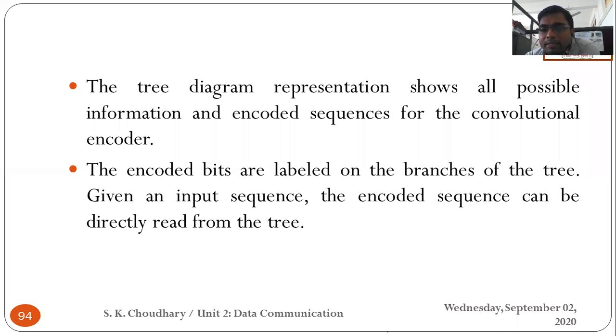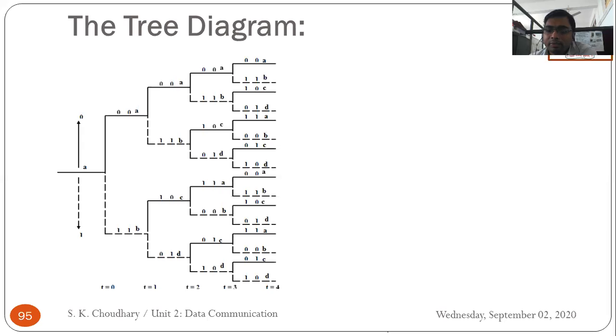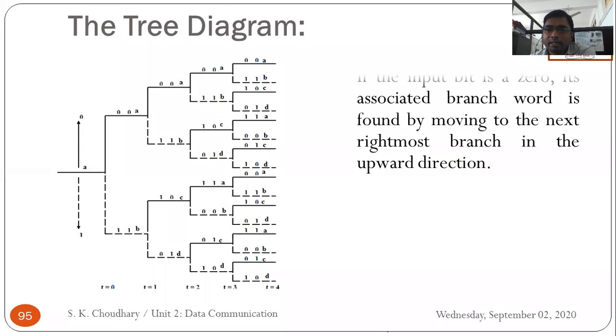The encoded bits are labeled on the branches of the tree. Given an input sequence, the encoded sequence can be directly read from it. So this is the representation of the tree diagram.